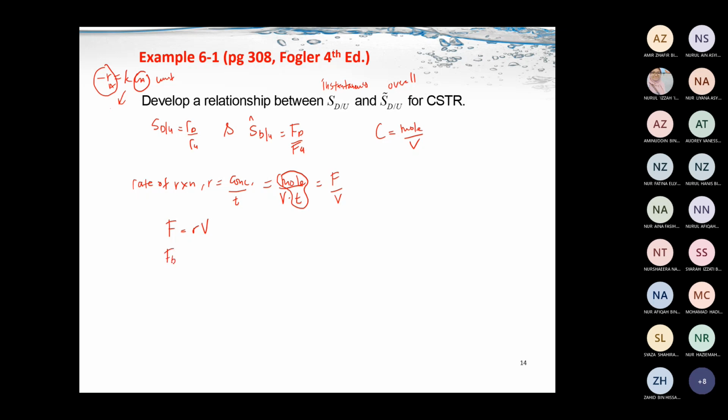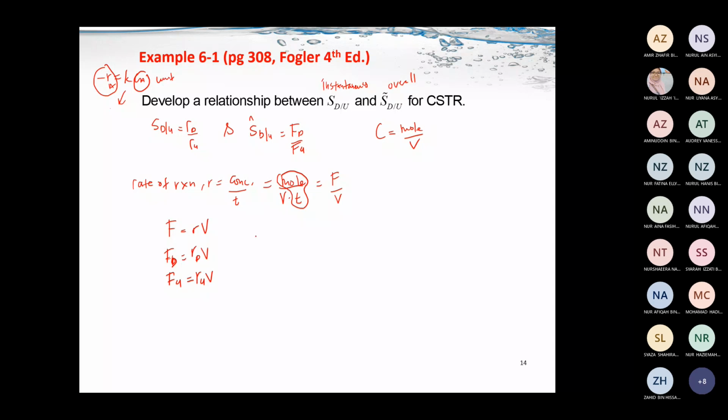So FD is equal to RDV, and then FU is equal to RUV.